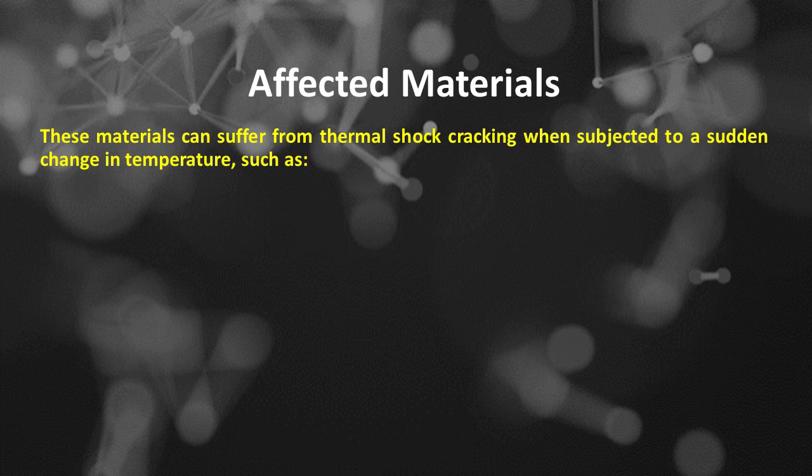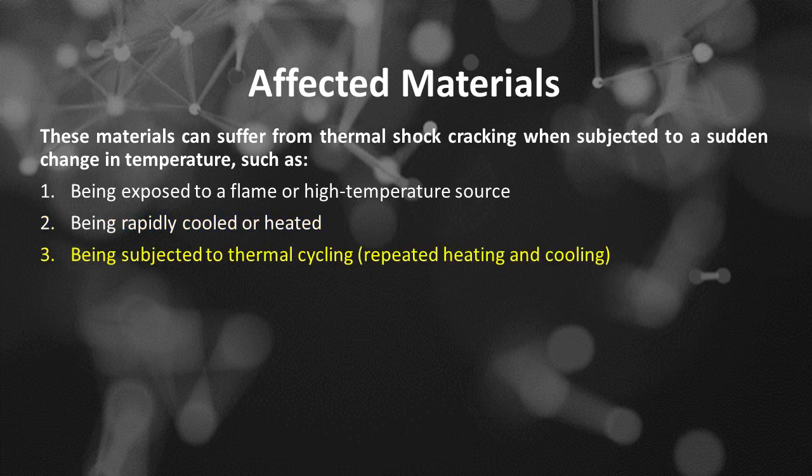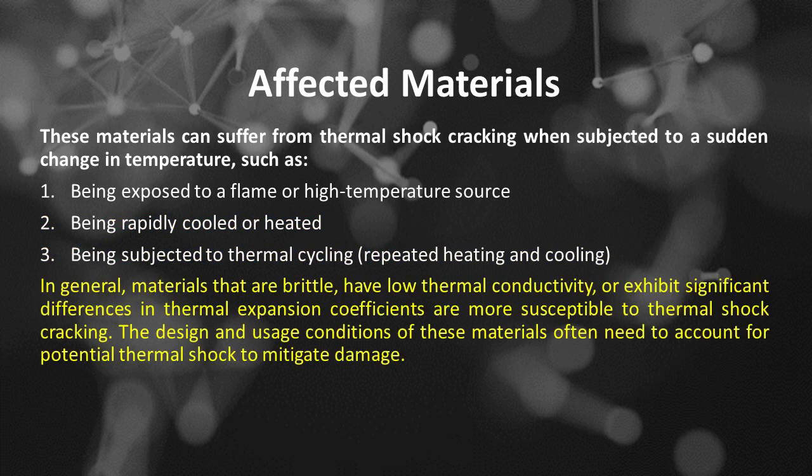These materials can suffer from thermal shock cracking when subjected to a sudden change in temperature, such as: the first is being exposed to a flame or high-temperature source. The second is being rapidly cooled or heated. The third is being subjected to thermal cycling, or repeated heating and cooling.